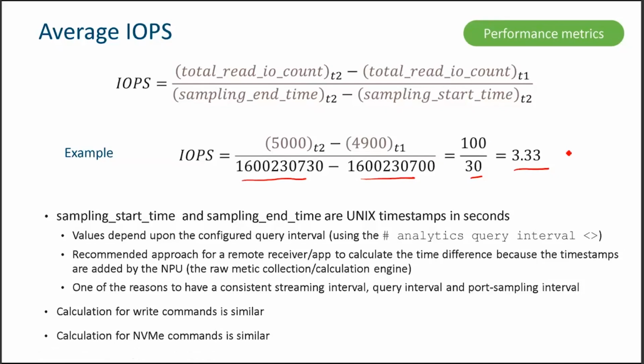The same math would run on DCNM SAN Insights. DCNM SAN Insights doesn't receive IOPS from the switch. It receives the total read IO count and total write IO count at every streaming interval, which by default is 30 seconds.